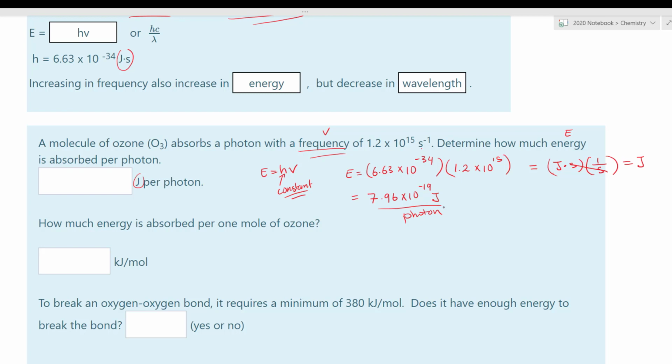Okay, now let's go in and look at how much energy is absorbed per 1 mole of ozone. So now we'll have photon. So remember, one of the most challenging things about particles or moles and atoms is that all of them relate to this one factor, and that is the Avogadro number.